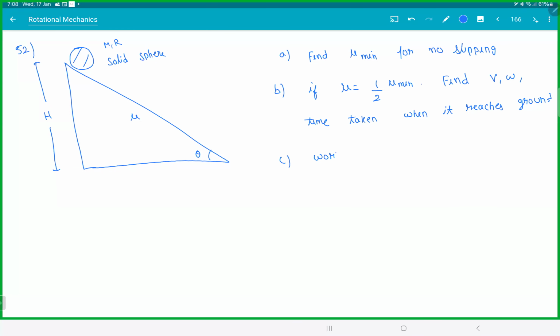Work done by frictional force. If I said total work done by friction, work done by torque due to friction, both are not the same.